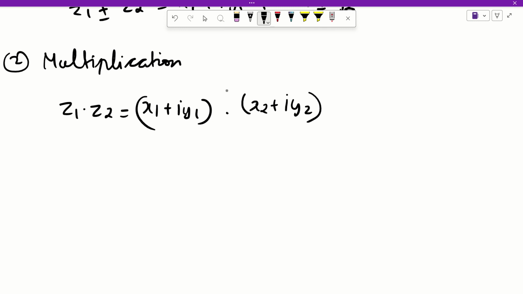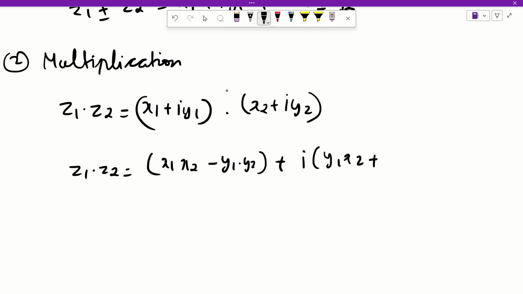After we open the brackets, we get the final result: Z1 into Z2 is equal to x1 x2 minus y1 y2 plus i of y1 x2 plus y2 x1. We don't need to memorize this, we just need to expand the brackets.